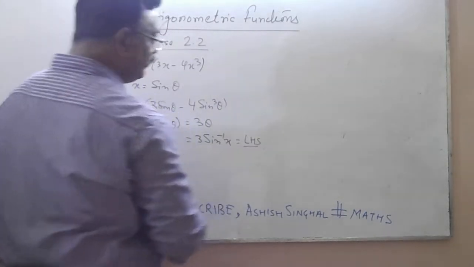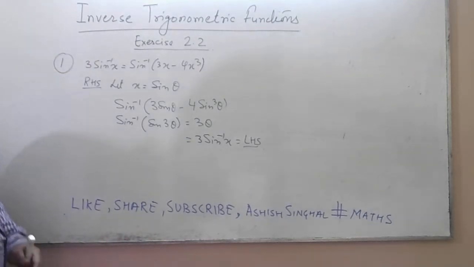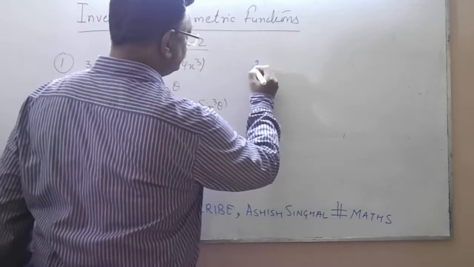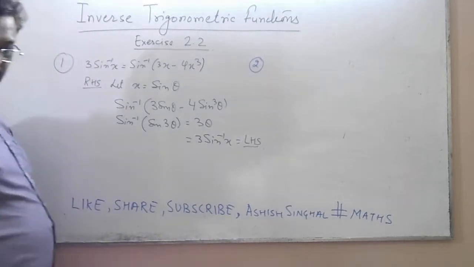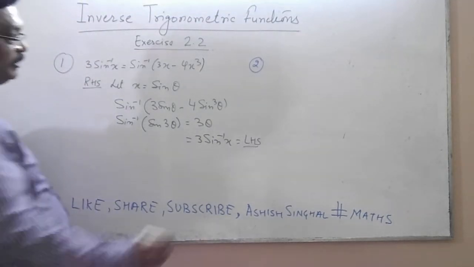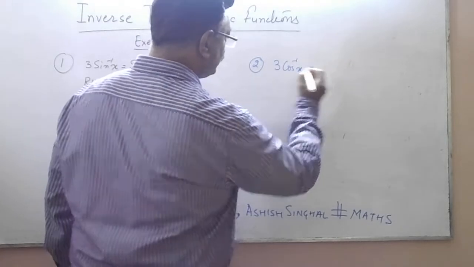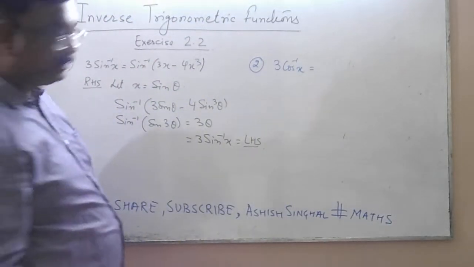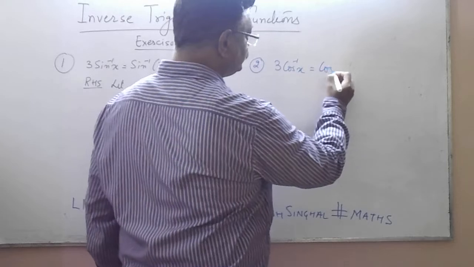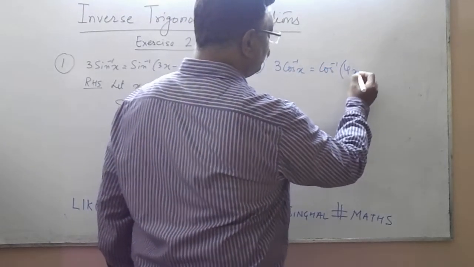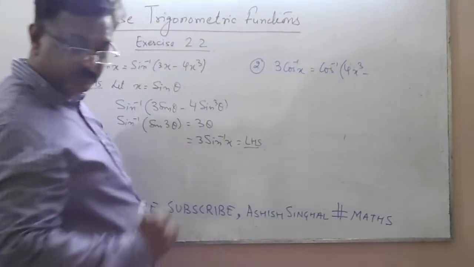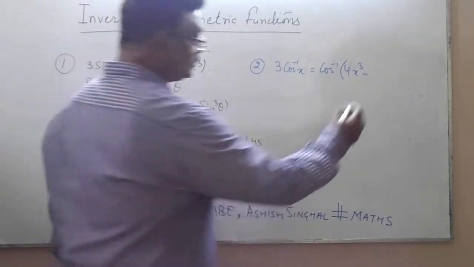Now, moving on to question number 2. Here we have to prove that 3 cos inverse x is equal to cos inverse (4x cube minus 3x).